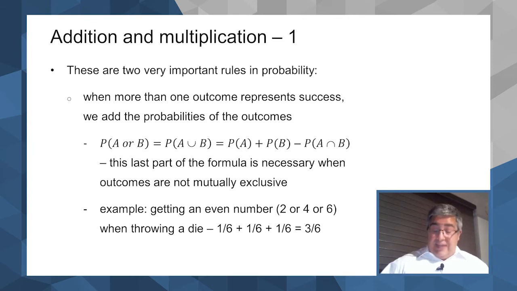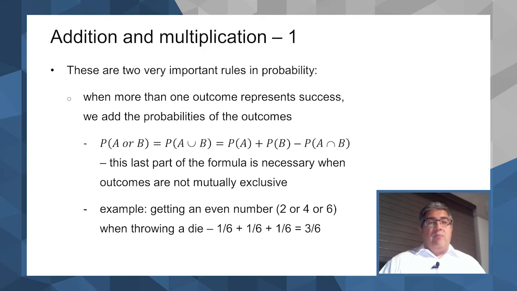Now, one thing that is important is that sometimes, if we're looking at events and calculating and accept that more than one outcome constitutes success, sometimes there may be an overlap. And so in that case, we have to take the intersection, that overlap, out, otherwise we'd be counting it twice.